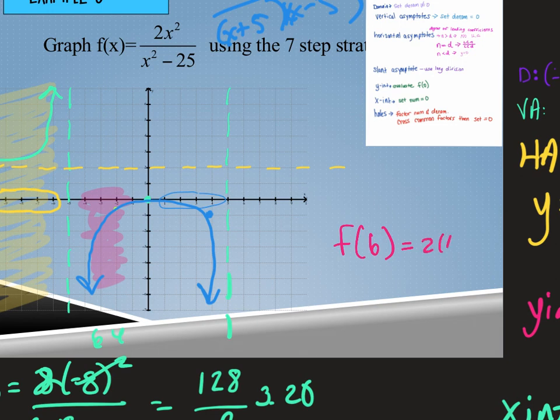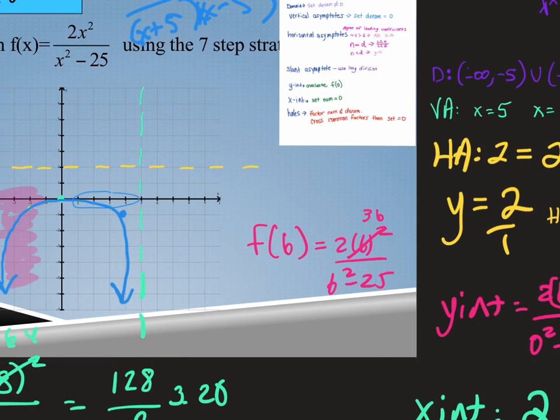So I say 2 times 6 squared over 6 squared minus 25. 6 squared is 36 times 2 is 72, right? What's 36 minus 25? 11. 72 over 11. If you don't know off the top of your head, that's okay.